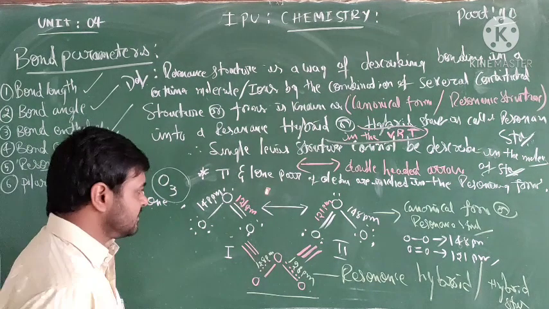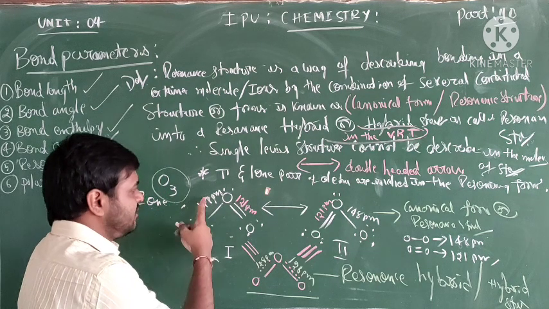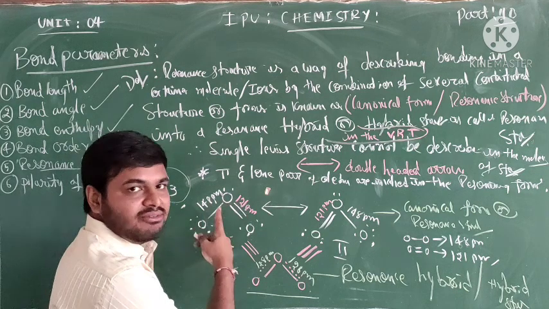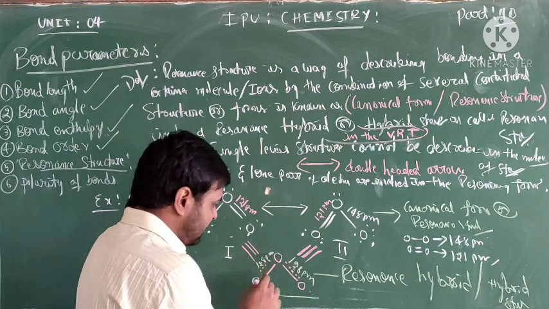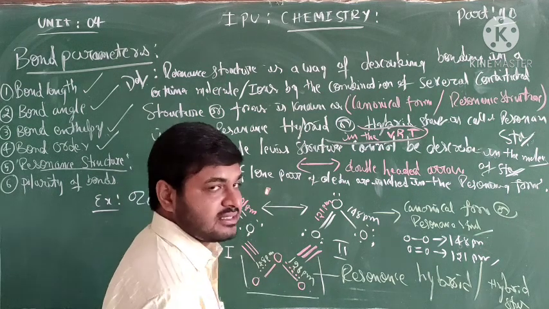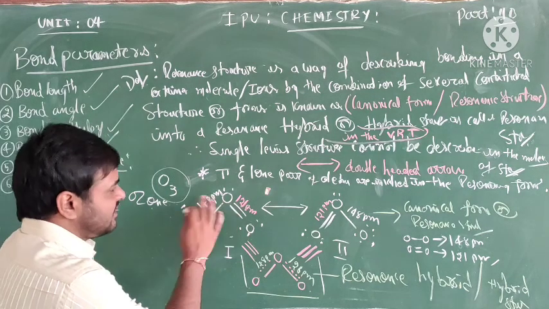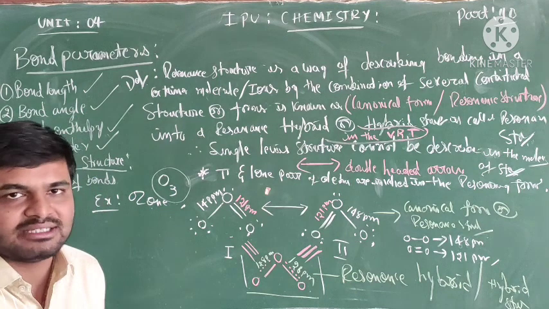It means this resonance hybrid involves a bond between the single bond and double bond values. In the experimental calculations, we get this 128 picometers, so the value between the two comes from this resonance hybrid.